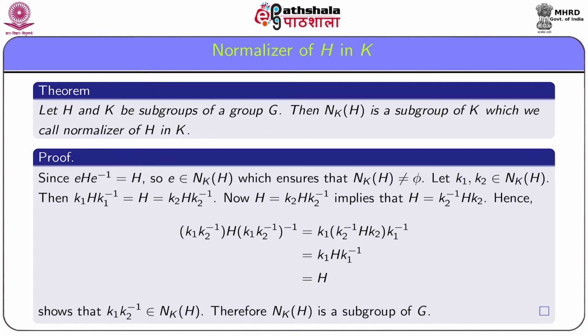Also, you should note that k1k2^{-1} belongs to K because K is a subgroup.